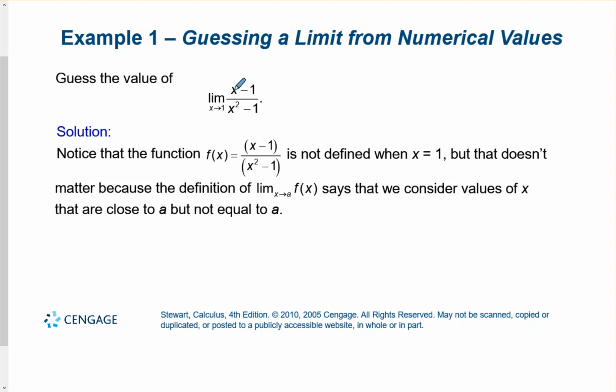If we plug in 1, we get 0 over 0, which is an indeterminate form, with a 0 in the denominator, not defined. But that doesn't matter. We could take a look at the graph or the table and see if it's approaching any particular value.